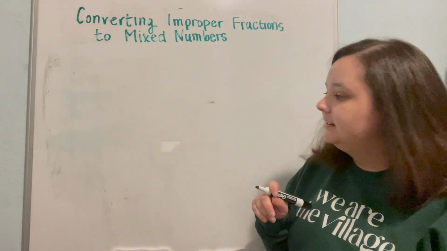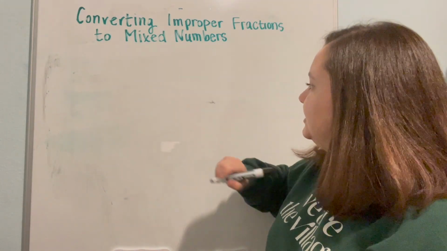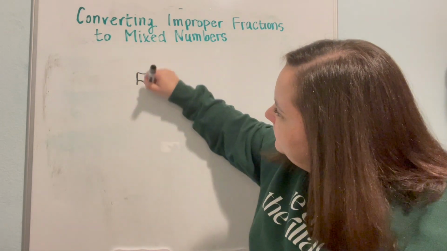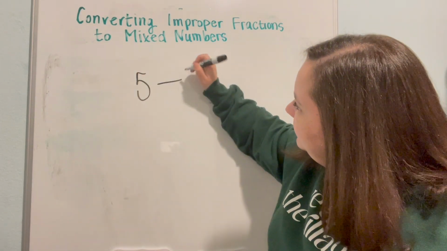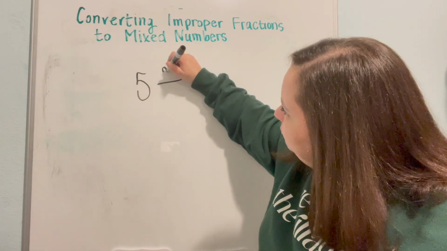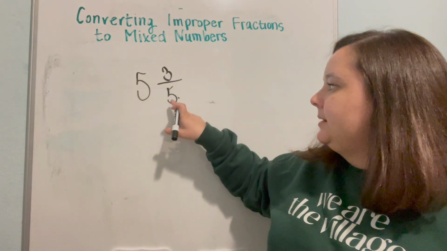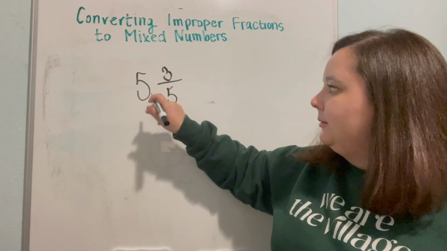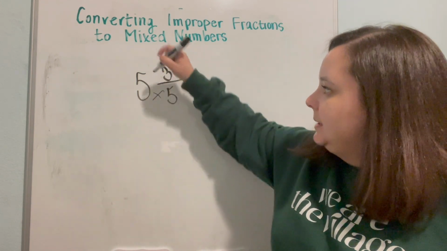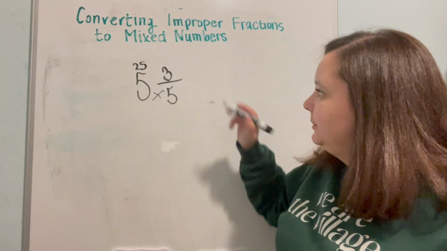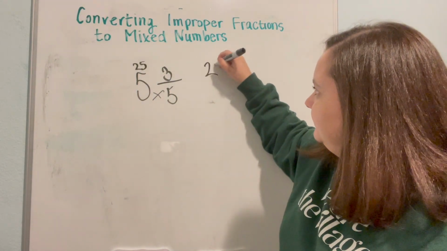Let's go ahead and do one more mixed number to improper fraction. We have 5 and 3/5. We're going to start by multiplying our denominator by our whole number. 5 times 5 gives me 25. 25 plus 3 gives me 28.